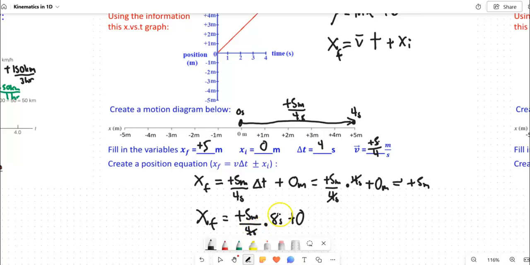This is going to cancel out with this. This will be a 2. So this is going to be positive 5 times 2 plus 0, which is positive 10 meters, which makes sense. In 4 seconds, it ends up at the positive 5 meter position. In another 4 seconds, it should be at a positive 10 meter position. Okay.